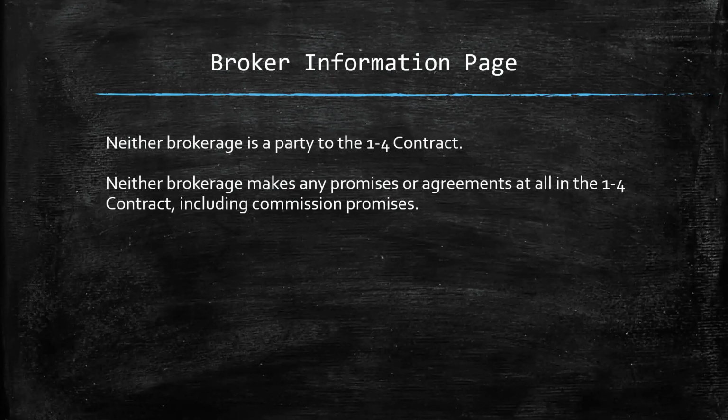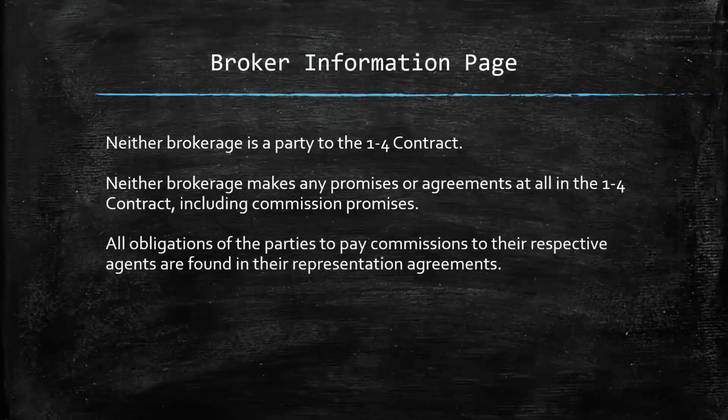So neither brokerage is making any sort of promise or agreement with respect to agent compensation. In fact, if you remember back, we have said previously, all obligations of the parties to pay commissions to their respective agents are found in their representation agreements, either the listing agreement or the buyer tenant representation agreement or the MLS offer of compensation.